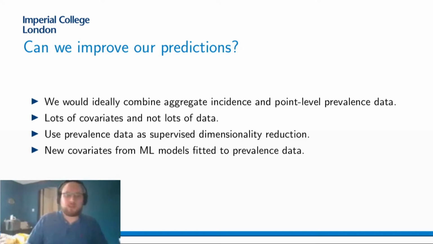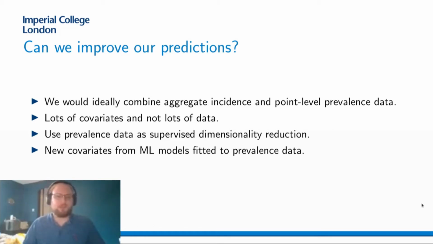As Rohan was explaining as well, we have potentially lots of covariates and not lots of data. In a lot of countries, the area data is either tens or hundreds of data points at the polygon level. So it's not much data to be learning information about tens or more covariates.